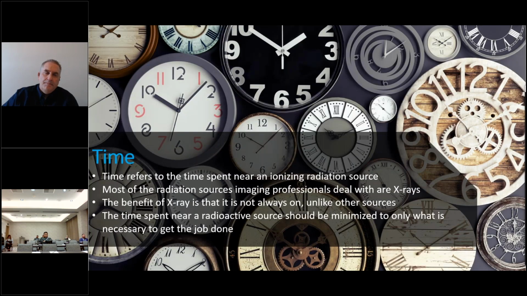So time: the less time that you are exposed to radiation, the less damage can occur. Simply stated, the longer you're sitting out in the sun, the longer your skin is exposed, the more likely it is that you will become sunburned. If you think of it that way, it makes perfectly good sense.